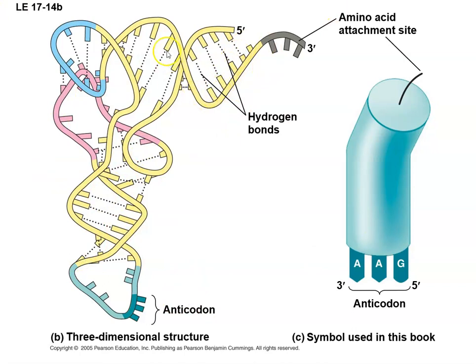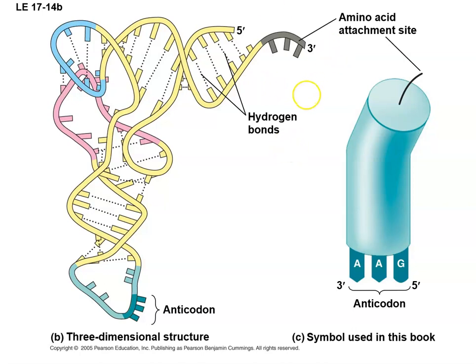tRNA is a single strand, but notice how it's coiled and wrapped upon itself, and there are hydrogen bonds forming between complementary bases. That's what gives it its 3-dimensional structure, the interactions among itself. It also has a 3' and a 5' end, and like we've talked about several times, things can only get attached to the 3' end because that's where the hydroxyl group is, and that's where dehydration synthesis can occur.